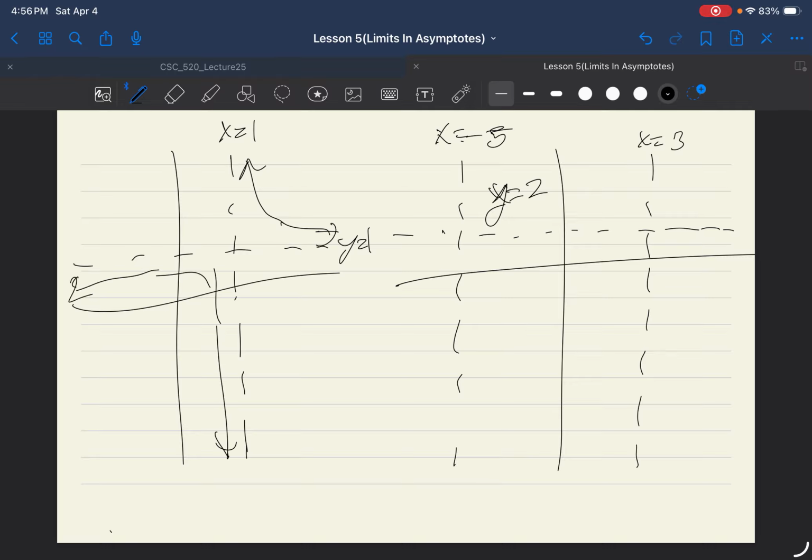All right, I'll give you like 5 seconds to do this. Pause your screen. 5, 4, I'm going to explain it in 5 seconds, so just pause your screen and do it, and then come back to me after you've done it. By the way, what we're trying to do is define both vertical and horizontal asymptotes in limit form.